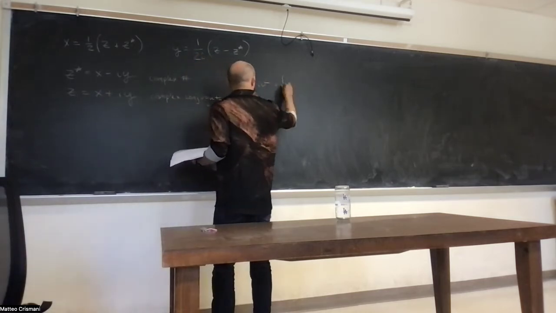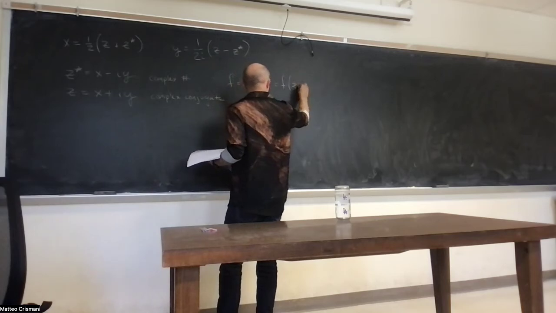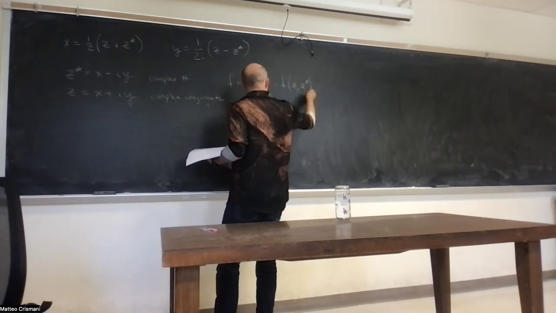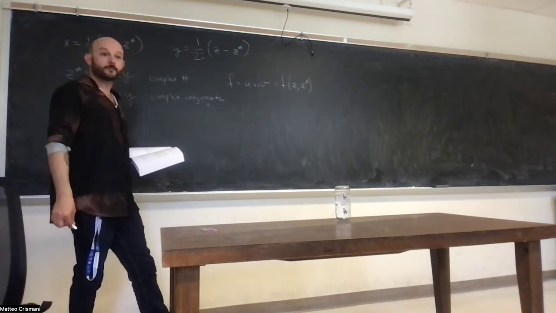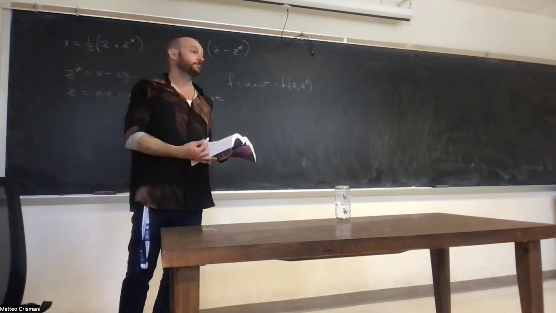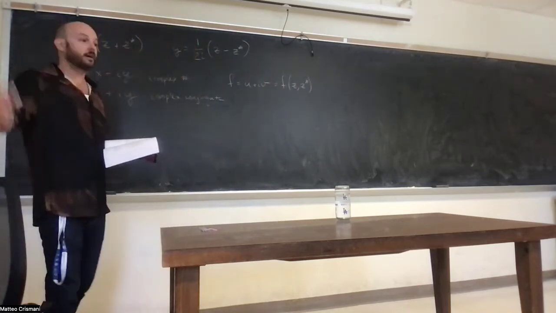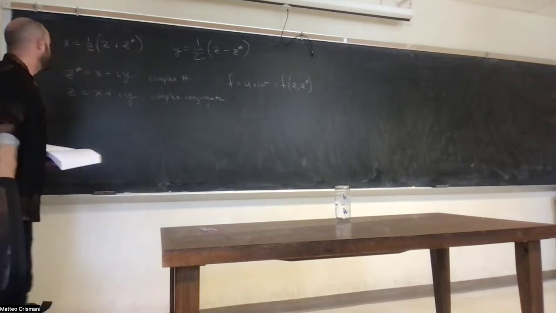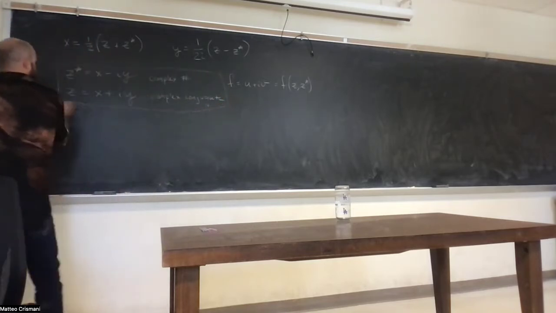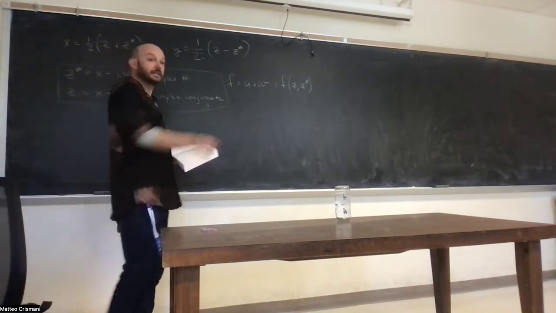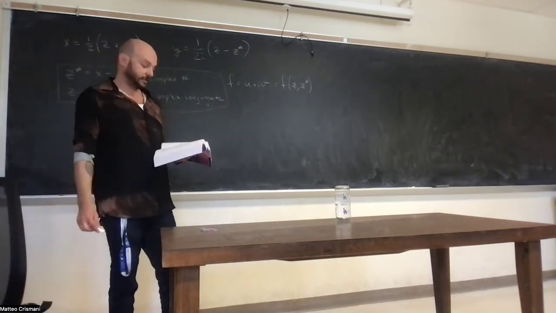Well, that could really be a function not of x and y, but of z and z star. Right or wrong? This is a different way of writing this information. These are definitions. We don't have to argue about them. And that leads to this realization about the z star.